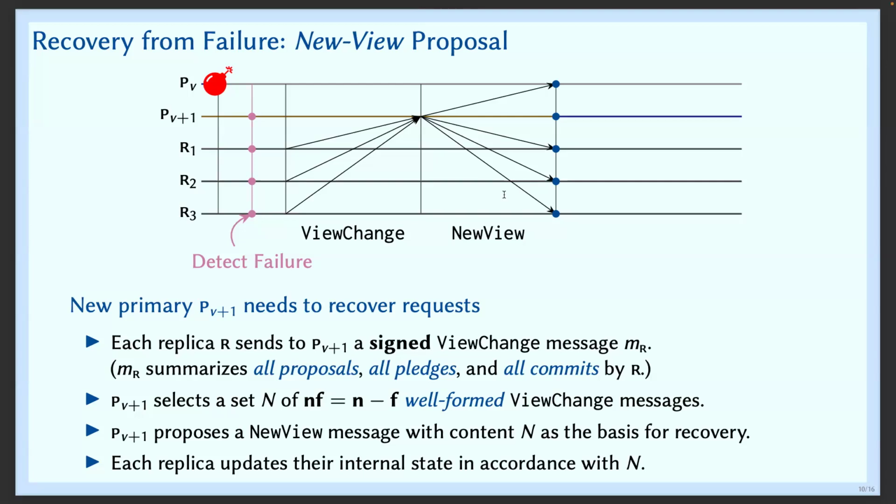Could these guys be in it? Well, none of them have got anything so far. We assume that everybody detected a failure, so now they're all trying to do a view change. They're all going to say, nothing happened.